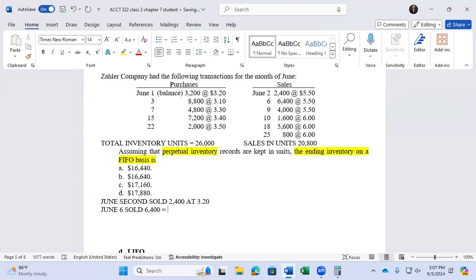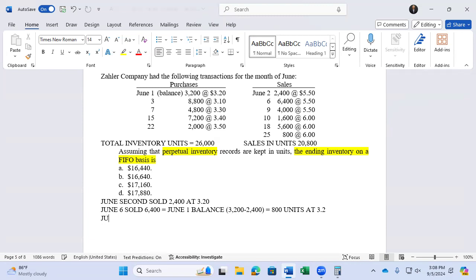And so this would be the difference now. So now we have to start thinking, okay, what am I doing? How many purchases do I have remaining? So from my June 1 balance, 3,200 minus 2,400 equals 800 units at 3.2.